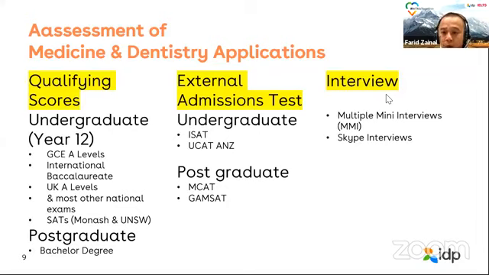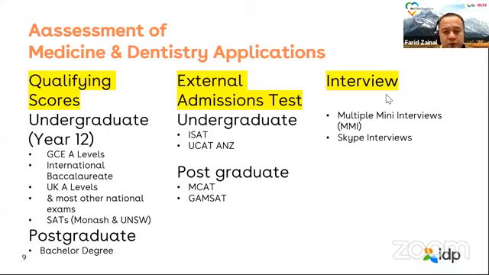The second component in this assessment exercise is your external admissions test, and usually this is a form of assessing the candidate's aptitude. For example, the two external admissions tests for undergraduate are your ISAT and your UCAT ANZ.